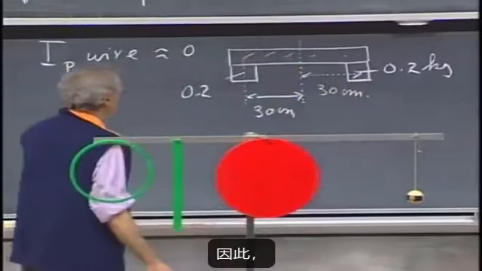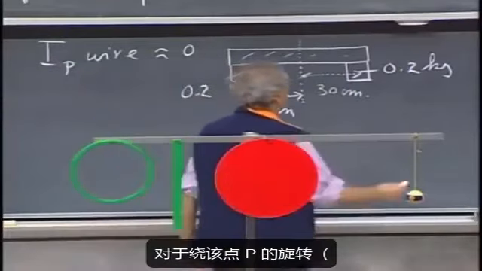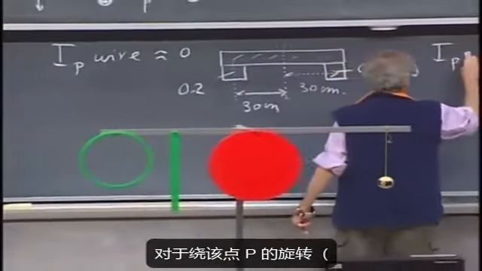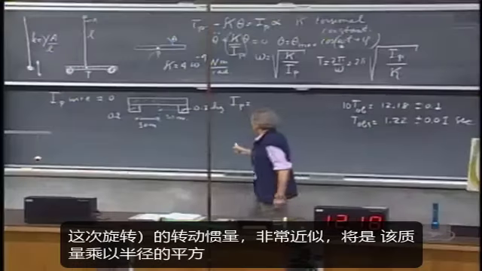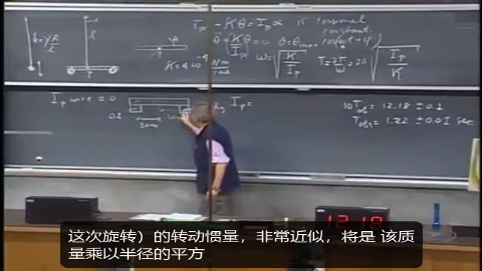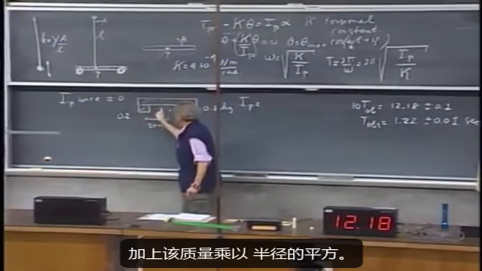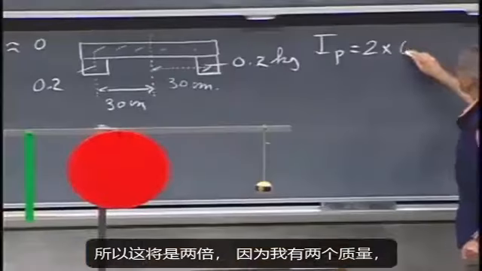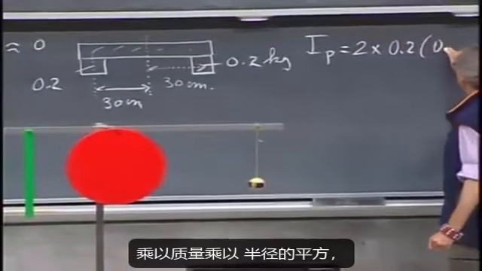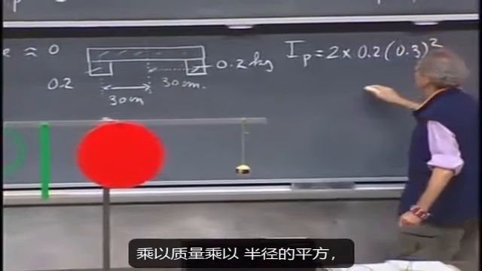So to a very good approximation, the moment of inertia for rotation about that point P will be this mass times radius squared, plus this mass times radius squared. So that will be twice, because I have two masses, times the mass times the radius squared.